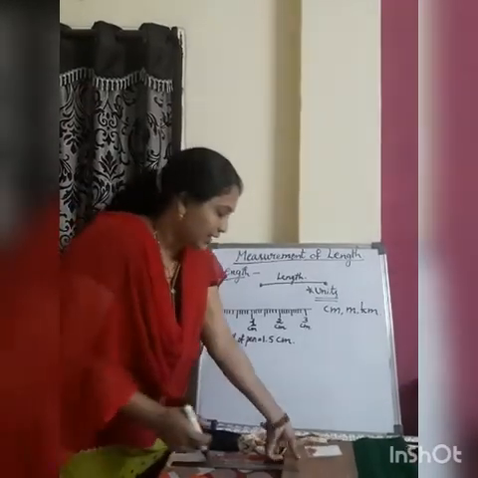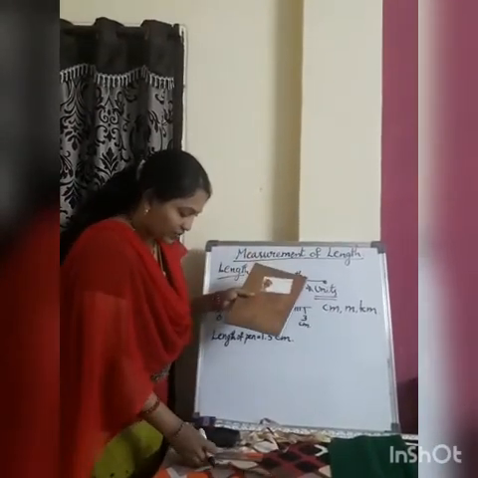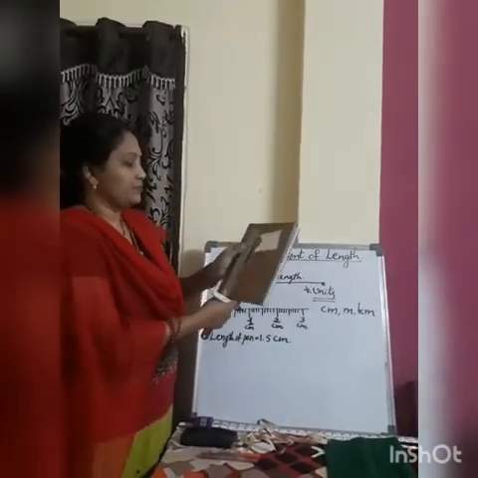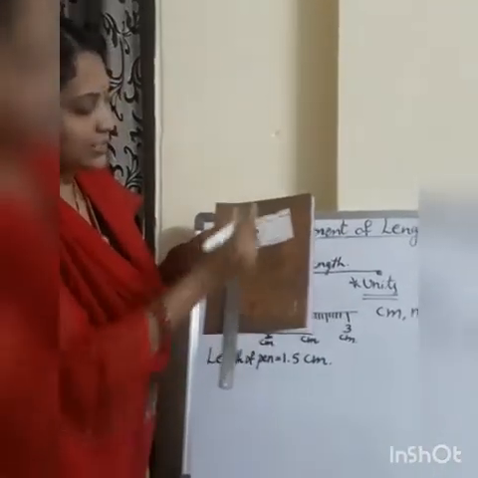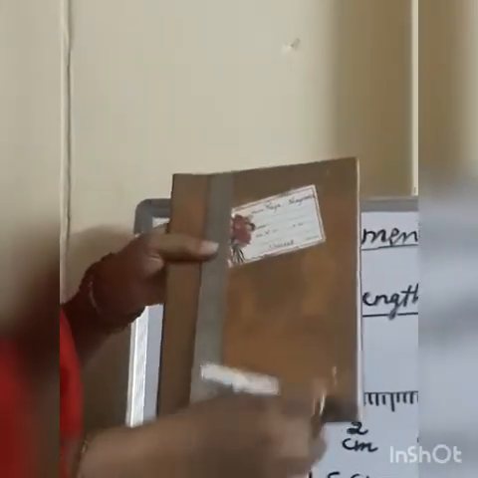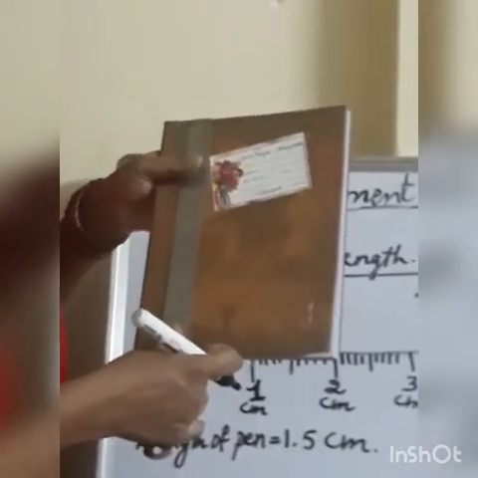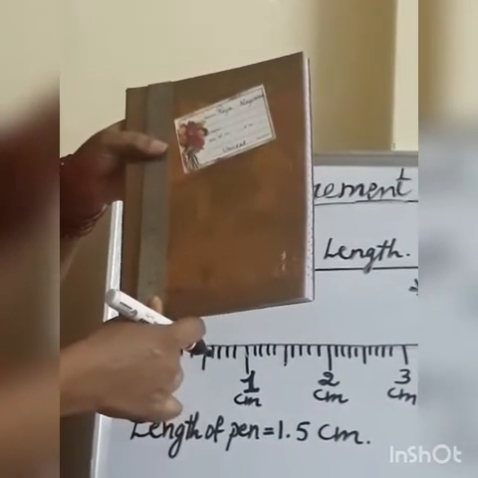And let's see how to find the length of the book. So, I am using a long ruler. Here from 0 it is 0. Then this is the length of the book. Right children? So, I am just placing the ruler at the corner of the book.